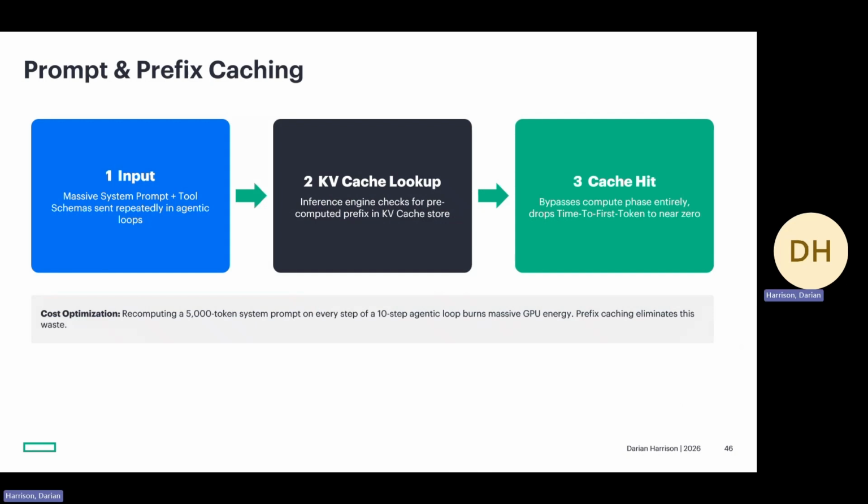Okay, so some optimization things. Whenever you're serving a model, there's something called prefix caching. Instead of having to load all the weights every time a new request comes in, you can cache your KV cache. That's called prefix caching.